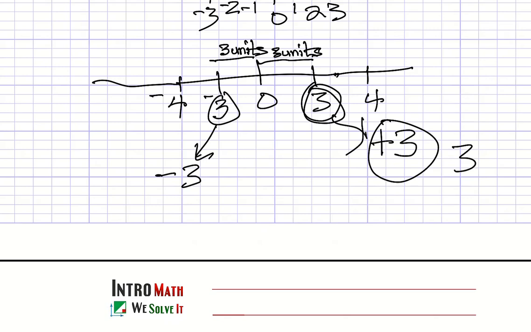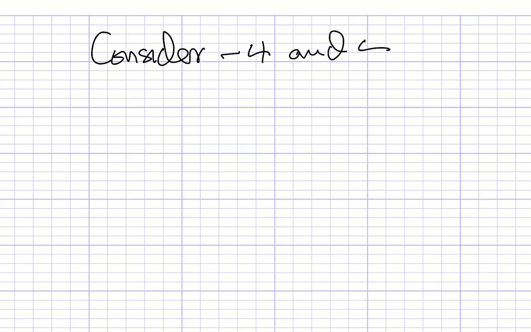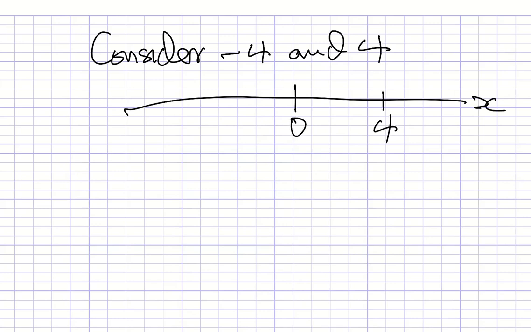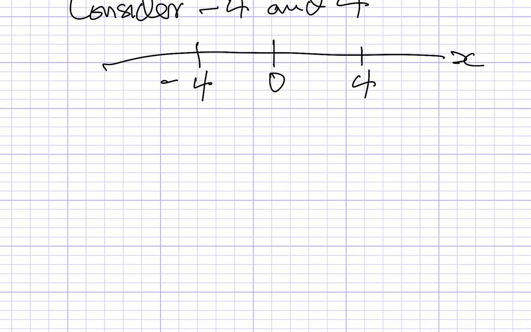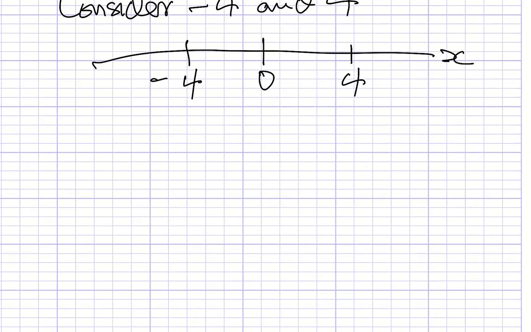So now consider this. Consider minus 4 and 4, right? Let's consider that. Draw the line. This is the x-axis. Put the 0 here. And 4 is up somewhere over here. Minus 4 is somewhere over here. So look at those two. What do you notice?